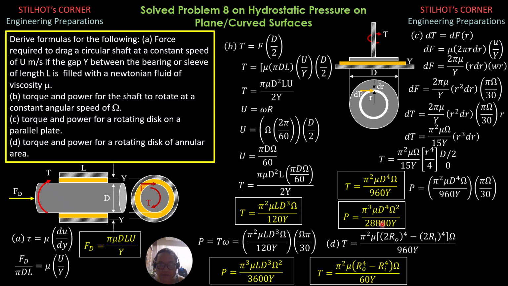So power, pi cube mu quantity r outer to the fourth minus r inner to the fourth omega square over 1,800 times thickness, where 1,800 is 16 divided by 28,800. So that's it for this video.